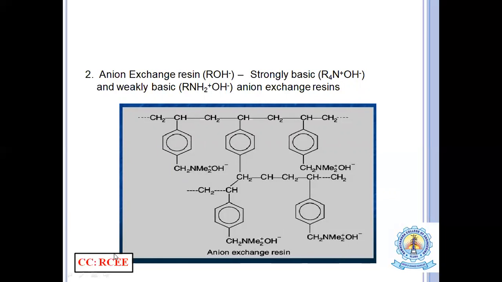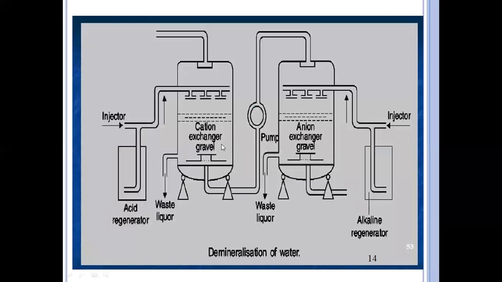This is the structure of a general anion exchanger. Previously we observed the cation exchanger, and this is one anion exchanger. If you place these two in different compartments and pass water through like this, you can carefully observe in this schematic diagram. This is the compartment of the cation exchanger, and the second one is the anion exchanger.